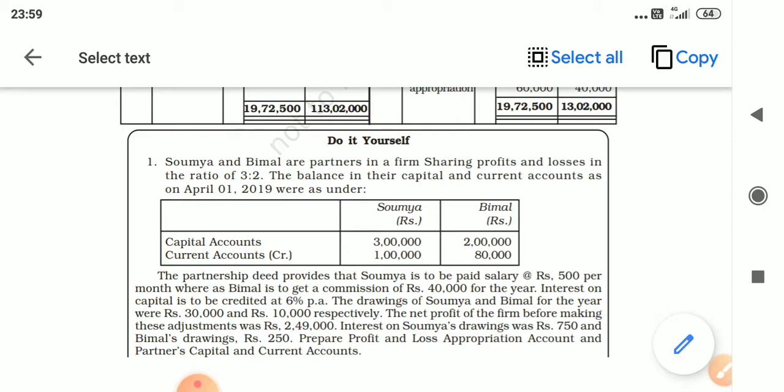Okay, you have to follow fixed capital account only when the question mentions that the capital accounts are fixed, or if the question gives you current account balances somewhere in the question. If the question does not say that the capital accounts are fixed or current account balances are not given, then you should always follow the fluctuating capital method. Okay.